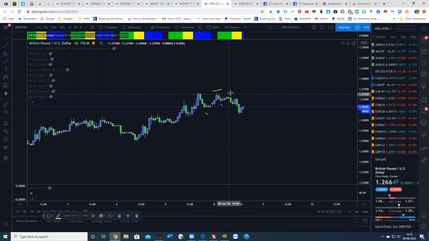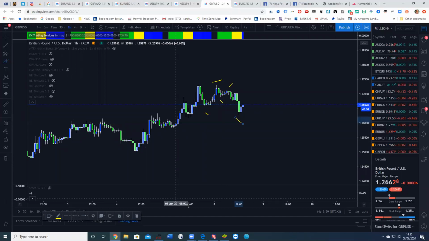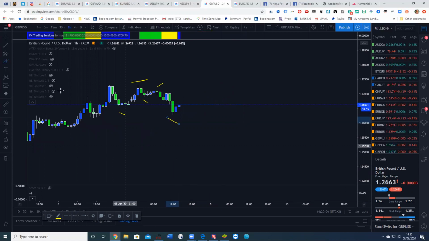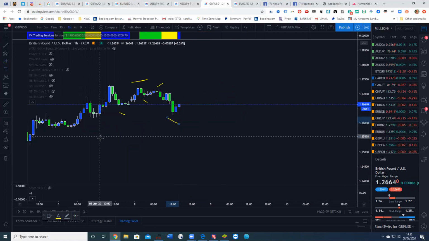It's going to be that little one there. And then 8th of June at 12. It's only barely the 80 pips, that's why it's a bit small. It's 80.3 pips.